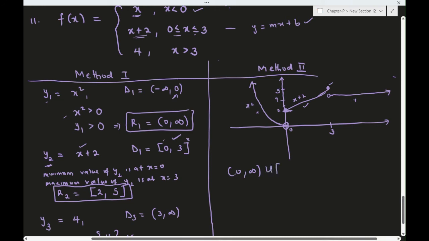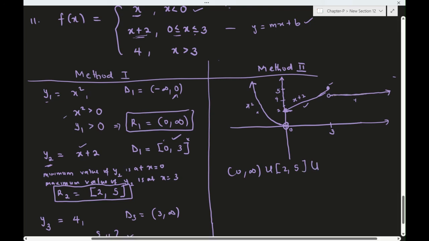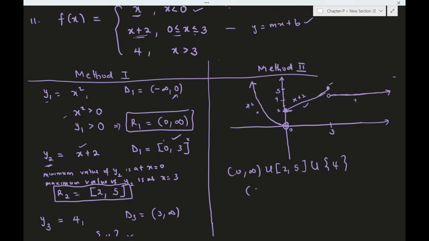So you have union 2 to 5. Then for the third piece, it's just a constant 4. So union 4. You see this is the same thing, and this is nothing but 0 to infinity. So that is the range.